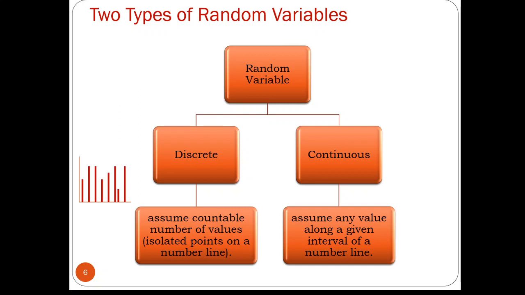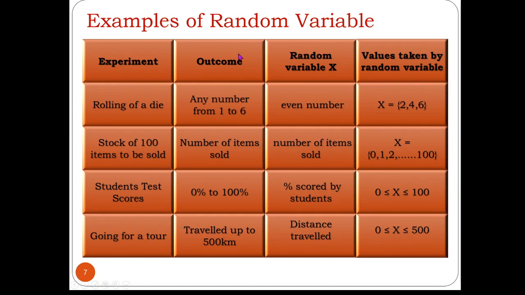That's why a discrete random variable has a graph like bars, and a continuous random variable has a graph like a continuous function. Here I have discussed some examples of random variables with the experiment, the outcome of the experiment, the random variable defined on the outcome, and the values taken by the random variable.